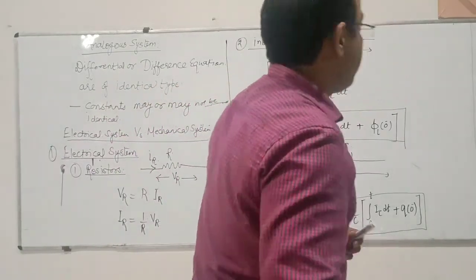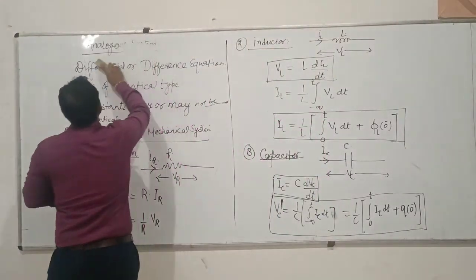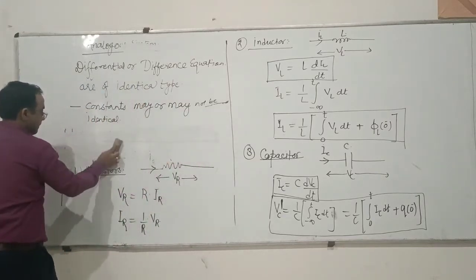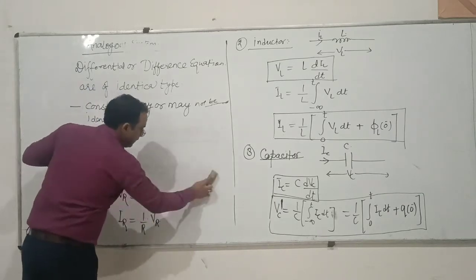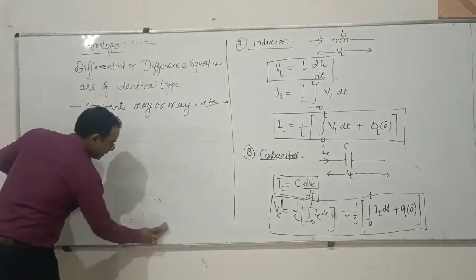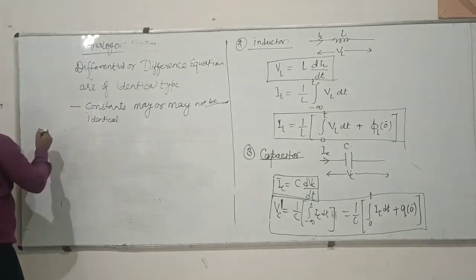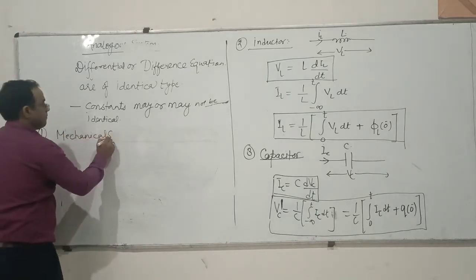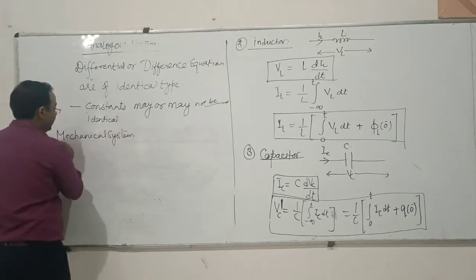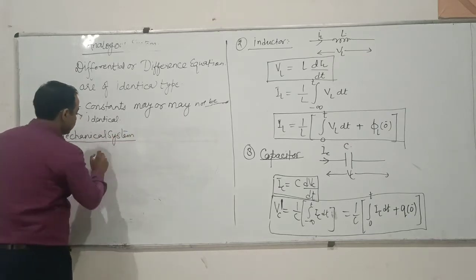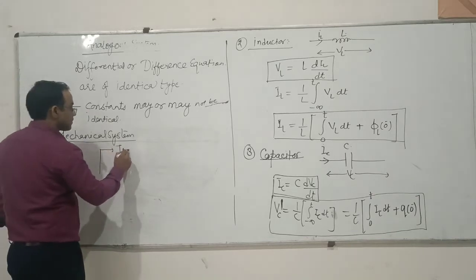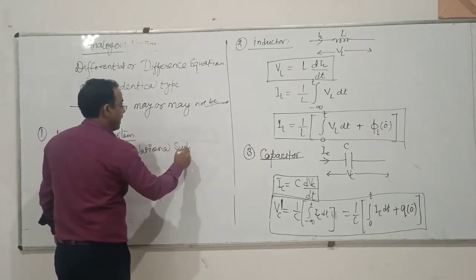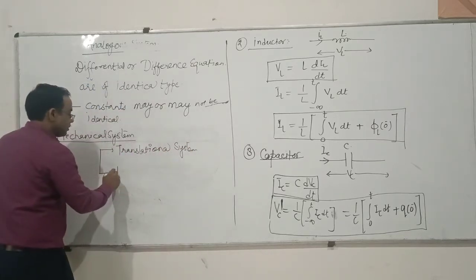Now we can take our next system, that is the mechanical system. The mechanical system is broadly categorized into two formats: number one, translational system, and the next one, rotational system.